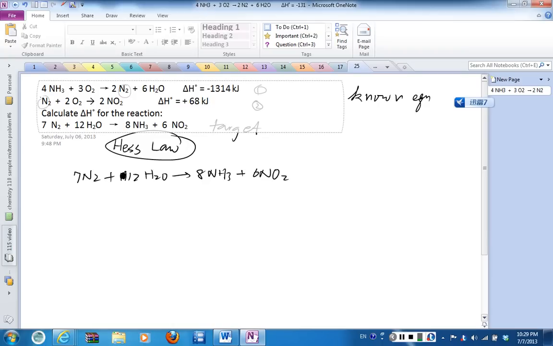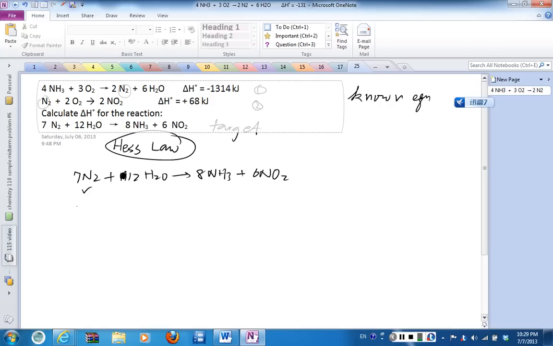So in those situations, when the target equation's component shows up in multiple known equations, we let it go. I'm not going to deal with you. I'm going to try to deal with the other components, and hopefully at the end of our calculation, this component is going to be taken care of itself.